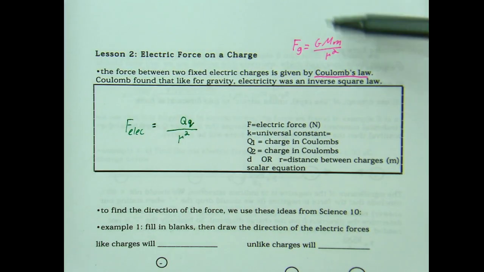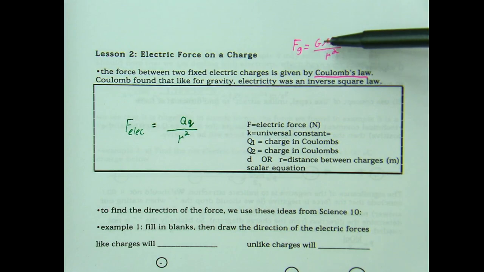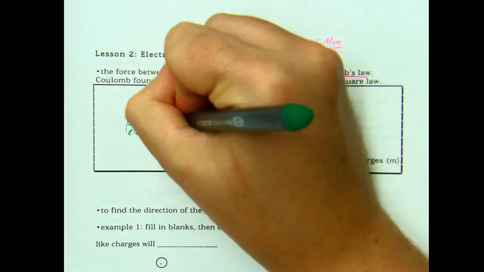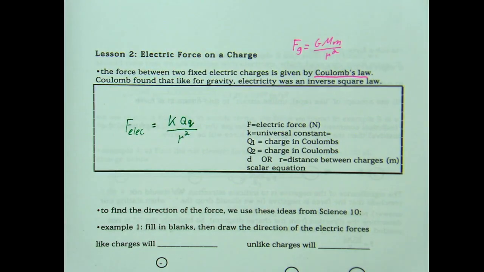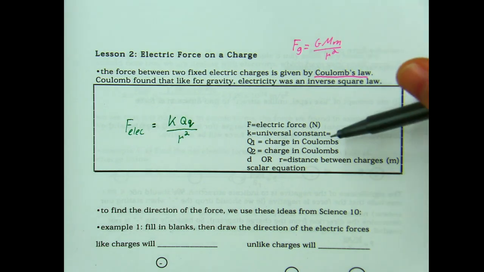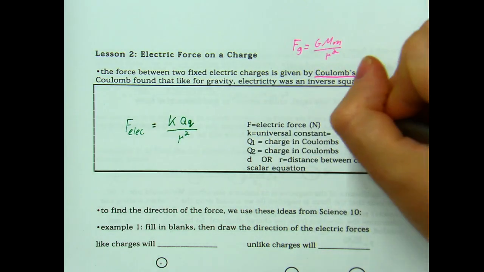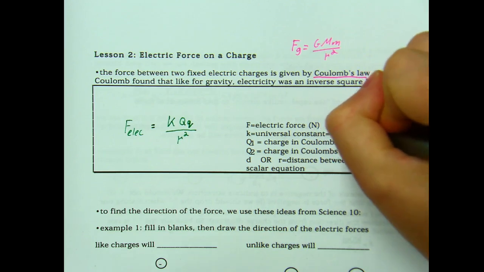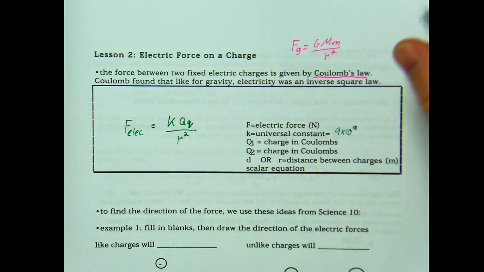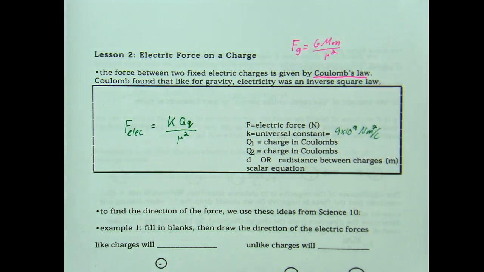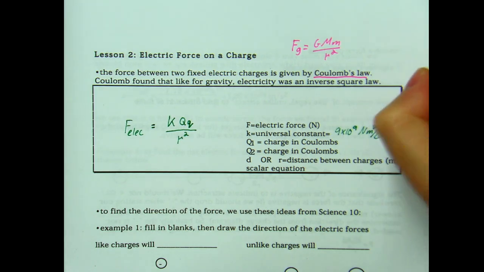And like gravity had this universal gravitational constant that was calculated, the electric force has this universal electric constant, which we give the letter K. This universal constant K has a value of 9 times 10 to the 9, and it has units Newton meters squared per Coulomb squared.